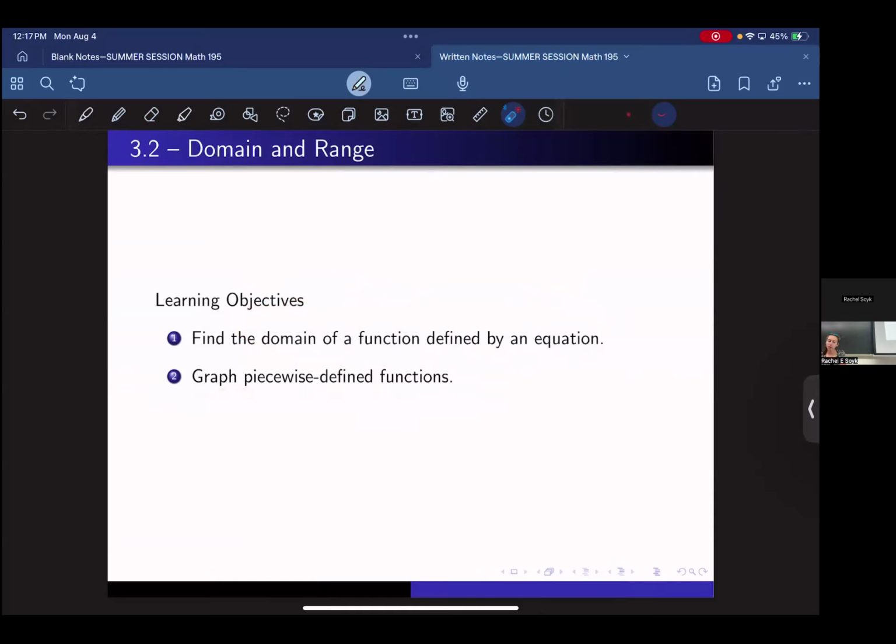I think people are usually very intimidated by this second objective, but it's literally just knowing the pieces of different functions and then putting it all together onto a coordinate plane. So it's quite straightforward, and I'll make it quite easy for you.